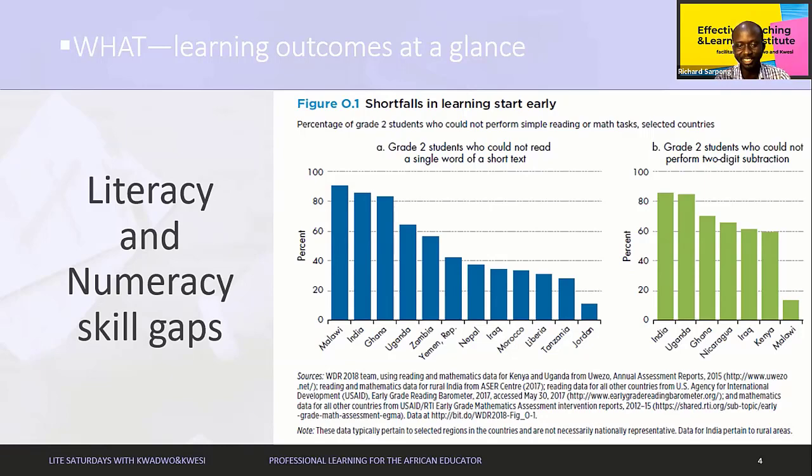Compared with other nations, as you can see in the chart, Malawi is worse off than Ghana in that regard. And surprisingly, if you look at Ghana as far as grade 2 mathematics is concerned, Ghana seems to be a bit better off than India in terms of the percentage, where about 60+% compares with India's 80+% of kids who are not able to do that.